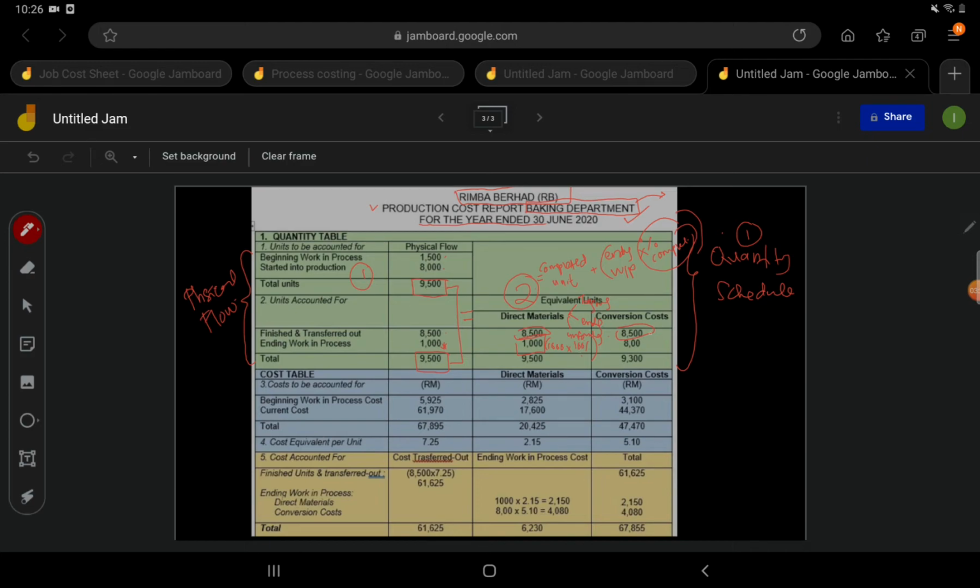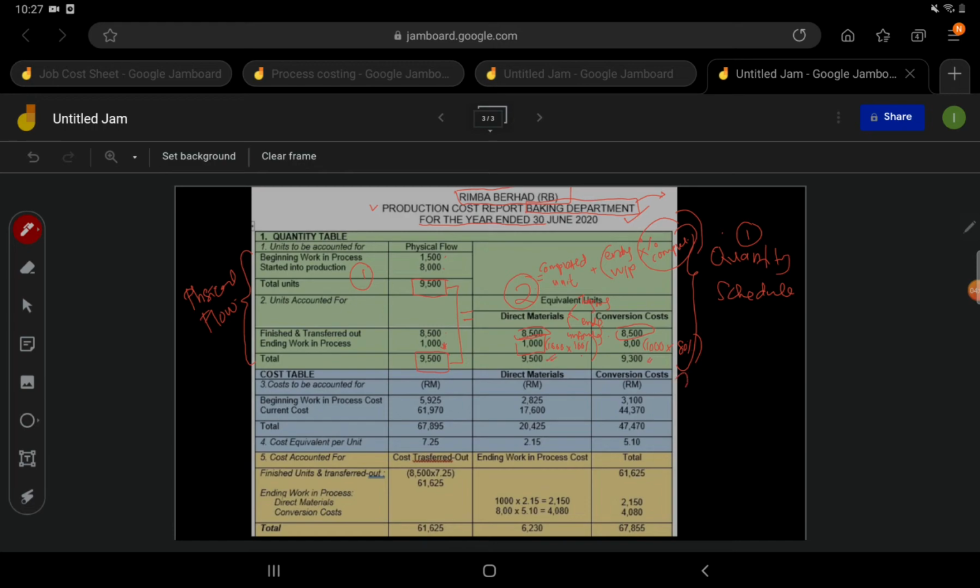Okay, and this is conversion cost. For conversion cost, if we look at here 800. So how much the percentage complete? Right? We know 1000 multiplied by 80%. Okay, so this is the equivalent unit.